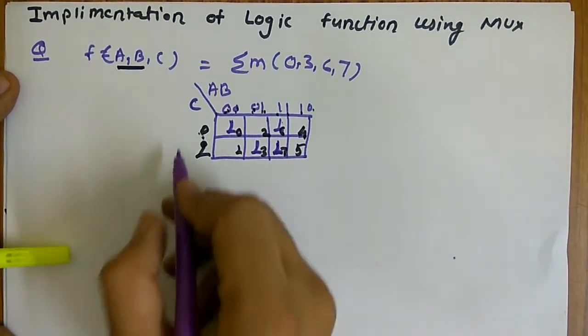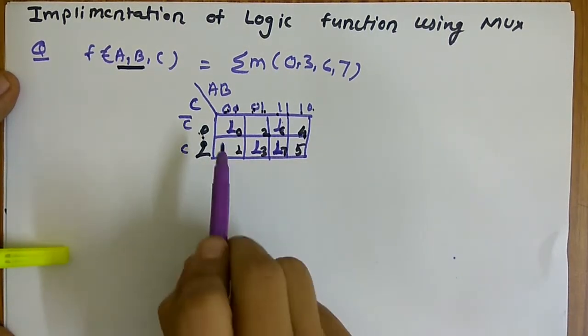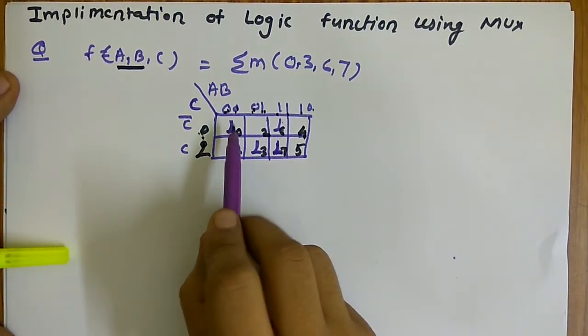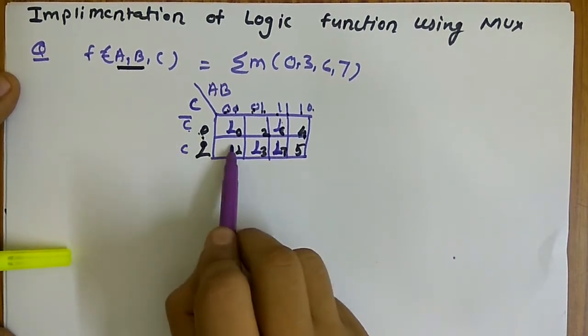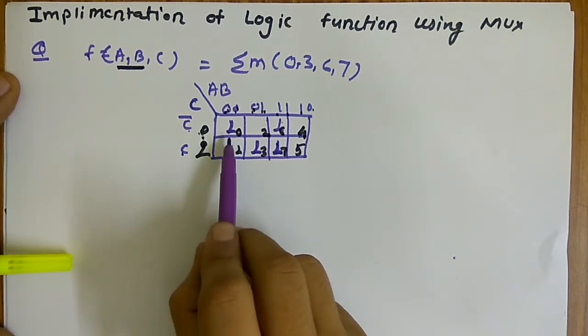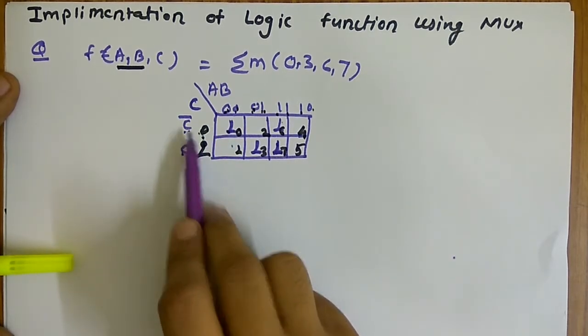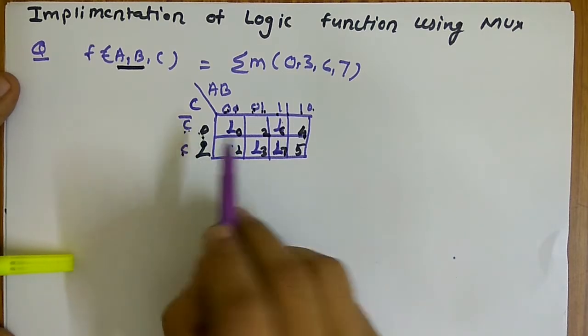What I have said is that we have to write C bar and C. We have to multiply with respect to this one and then add both. So 1 into C bar will be C bar, 0 into C will be 0, so 0 plus C bar will be C bar.